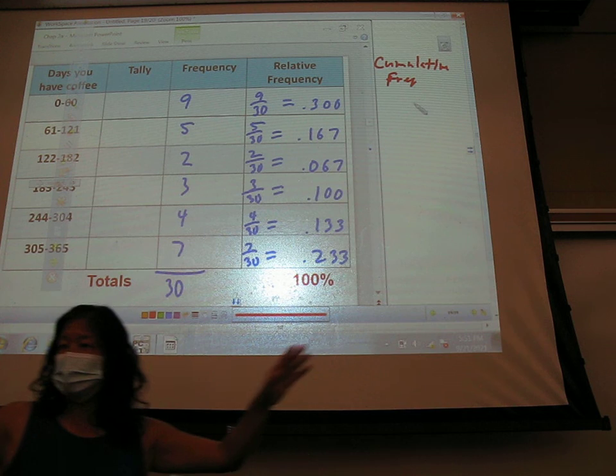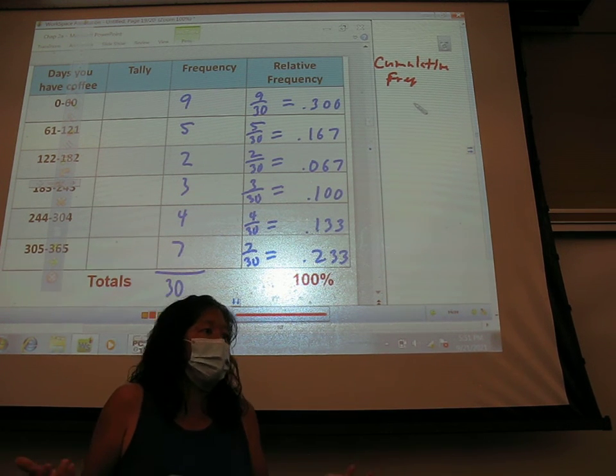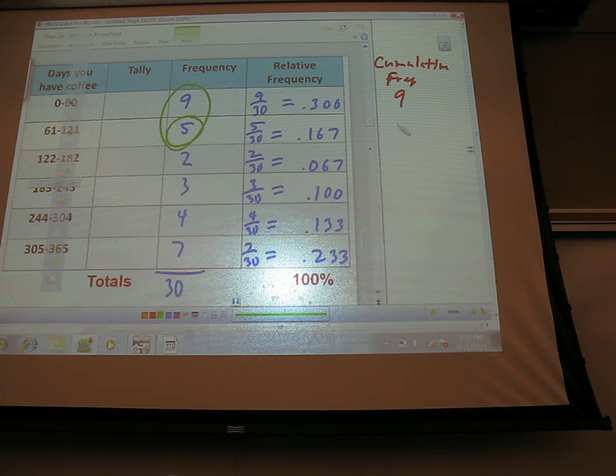There are no classes before it, so its cumulative frequency is 9, because there are no classes in front of it, right? This next class has 5, but you have to look at all the classes before it. So it's 5 plus 9, 14.